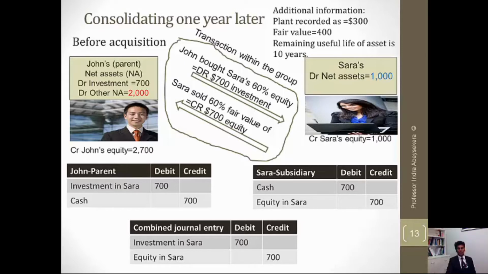Now there's more to this. There's a plant that is recorded at cost by Sarah, but it has not been adjusted to fair value. In group accounting, we need to bring it to fair value, and the remaining useful life is 10 years. So we need to follow 3 steps.